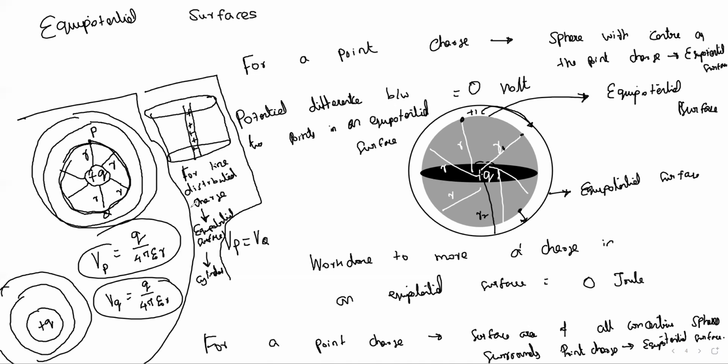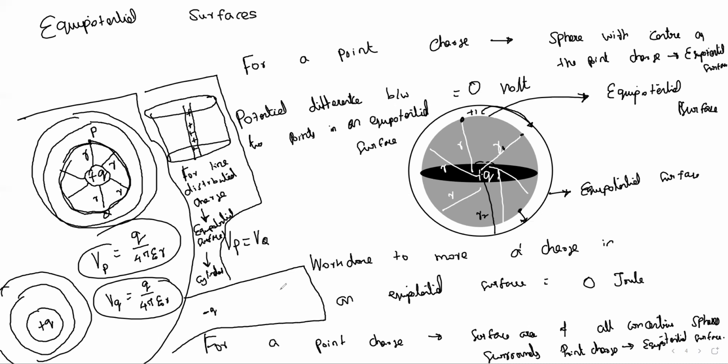Okay. Similar to that, you can look at figure 2.11 in your book. They try to show the equipotential surface for a dipole. Here, the circle is somewhat oval, so it is not at the exact center.